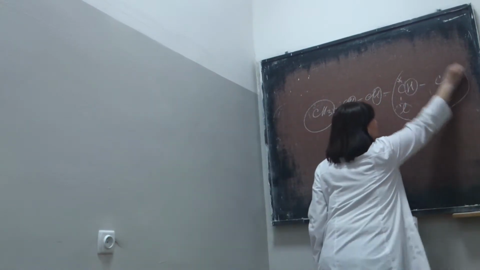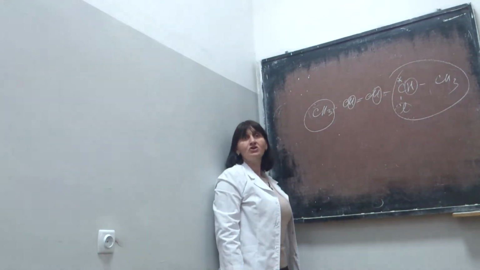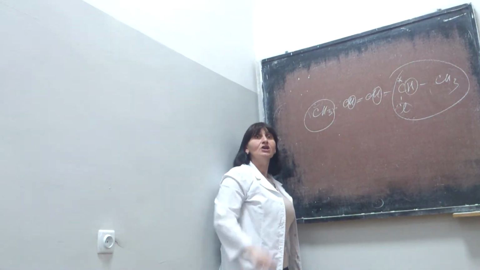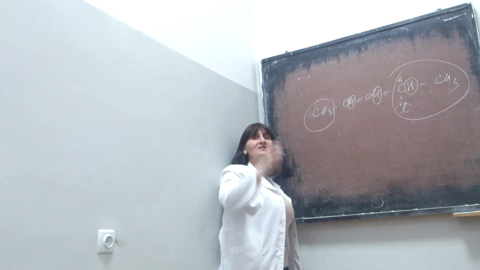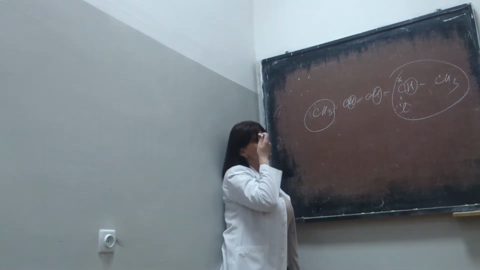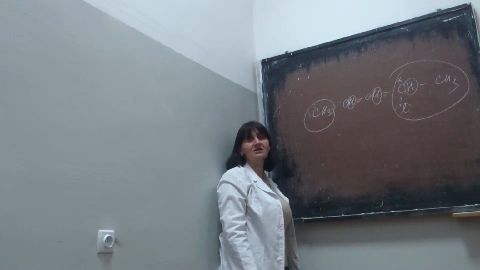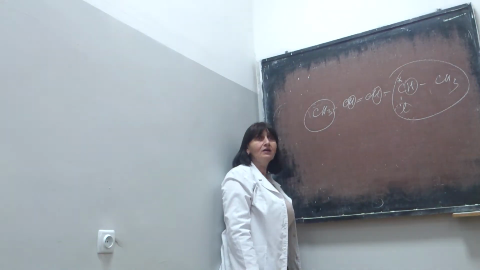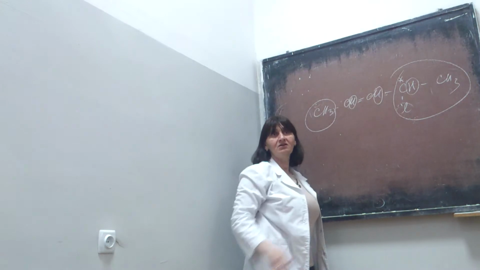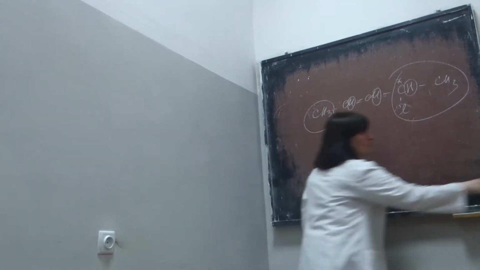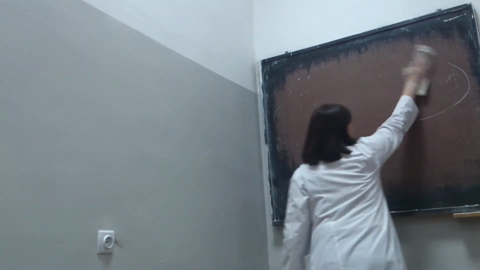CH3 and this group together. So this molecule has geometric isomers and has configurational isomers, enantiomers and diastereomers. Yes, because here you have a chiral carbon. Now what about this one?